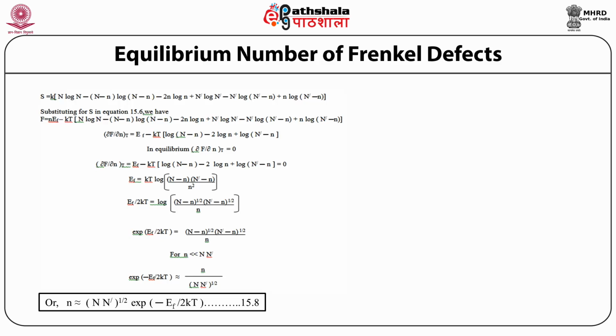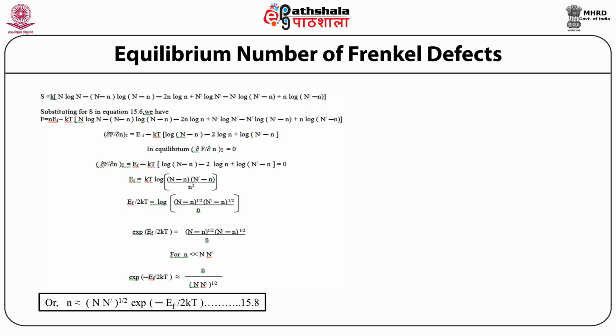Therefore, EF is equal to kT log of (N minus n)(N prime minus n) upon n square, or EF by 2kT is equal to log of (N minus n) raised to 1 by 2, (N prime minus n) raised to 1 by 2, upon n. Exponential of EF by 2kT is equal to (N minus n) raised to 1 by 2, (N prime minus n) raised to 1 by 2, upon small n.